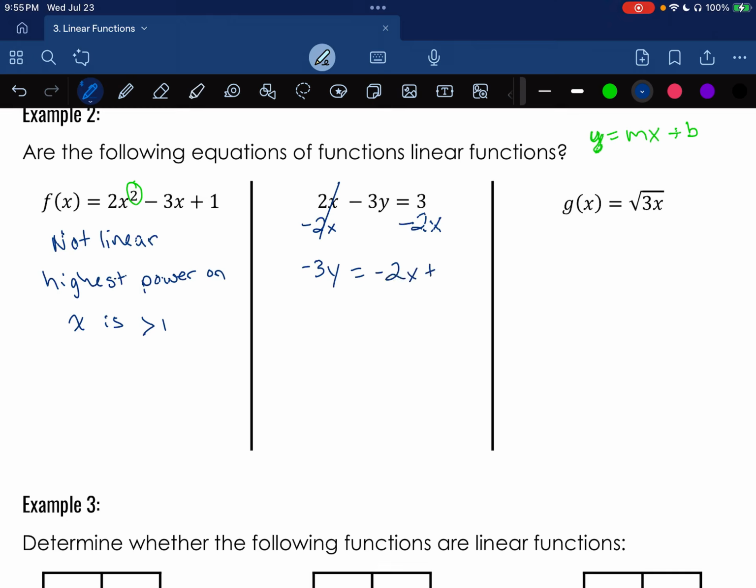I'll end up with y is equal to positive 2/3 x, because those negatives cancel out, minus 1, because 3 divided by negative 3 is negative 1. So this looks like y equals mx plus b form. That means that this is linear, because it can be written in y equals mx plus b form.